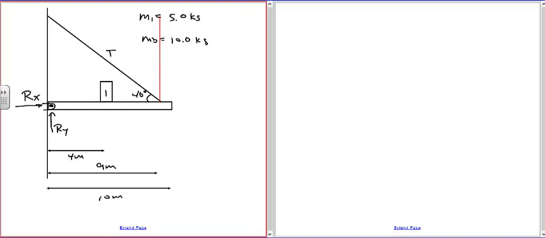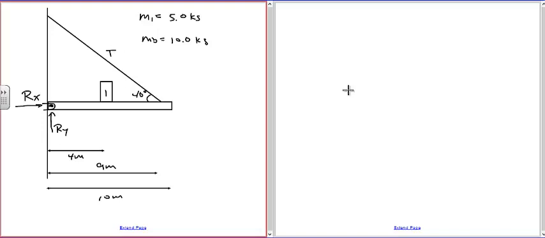But because I've got this wire at an angle, I'm going to have an X component of force and a Y component of force. So this one involves the sum of the forces in the X and Y direction plus the sum of the torques.